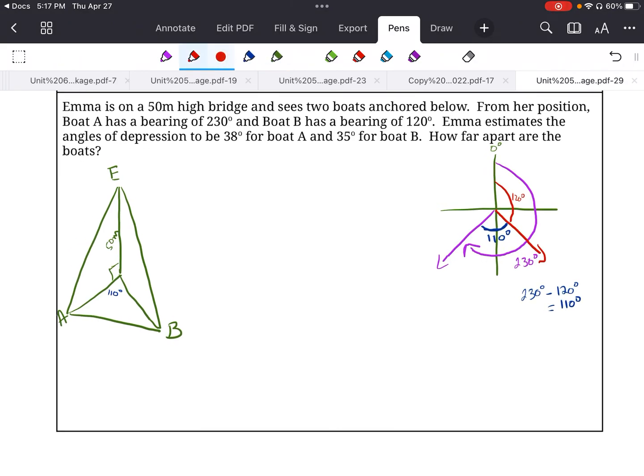Angle of depression, so this is a 3D triangle, so it's parallel to here. So if this is 38 degrees, remember the Z pattern from grade 9? That means this is also 38 degrees. And same on the other side.